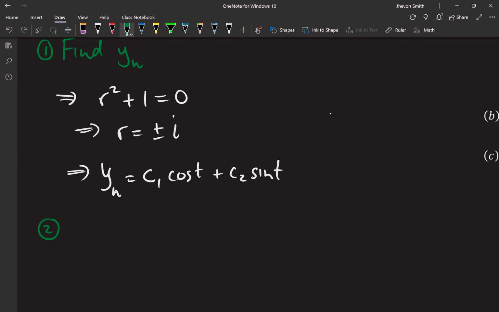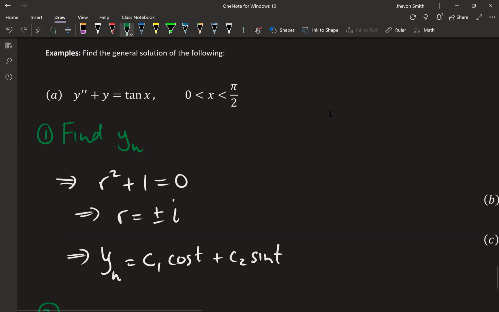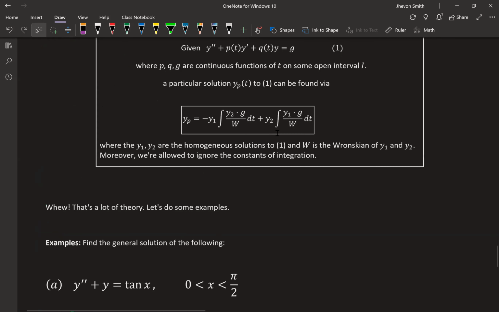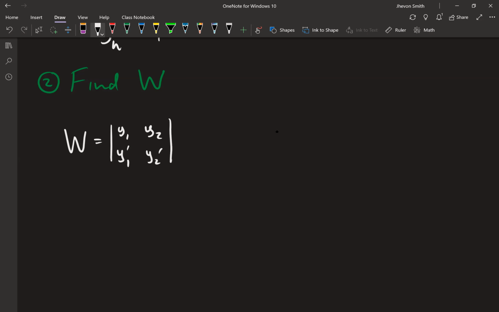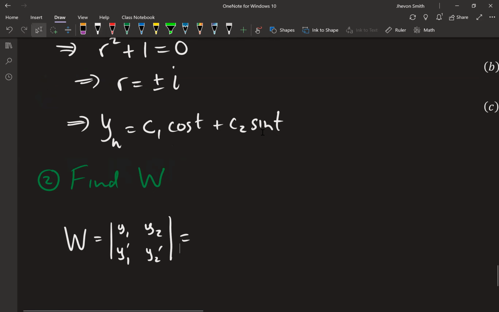Step 2, now I'm going to actually need to find the Wronskian, right? Because that's a part of the formula. I will actually need to know how to find the Wronskian. Find W. So here, our Wronskian is just going to be y1, y2, y1 prime, y2 prime, which it doesn't matter who you pick as y1 and y2, but here I'm just going to pick the cosine to be the y1 and the sine to be the y2.